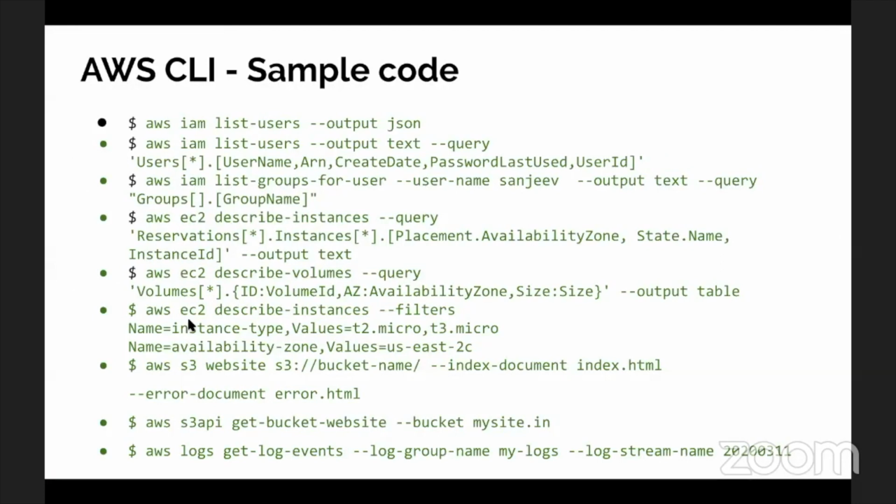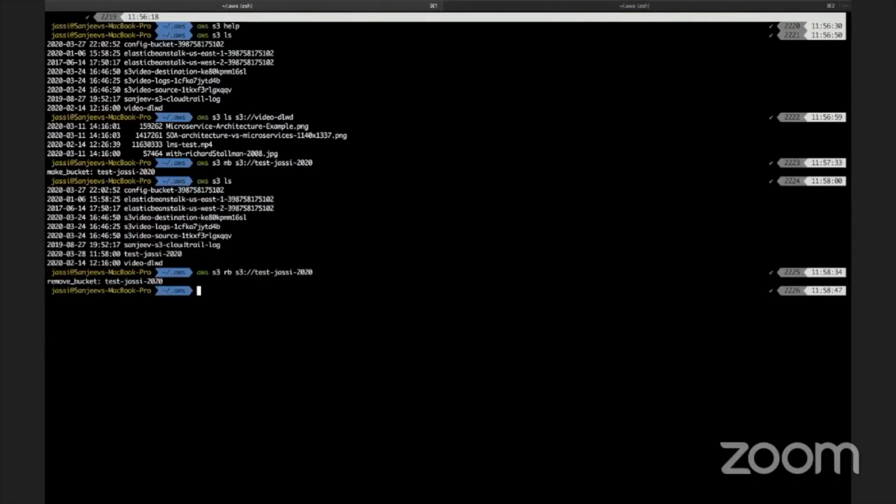So there are many commands you can run, and if you have not given any default output there, by default it will be text. Otherwise, you can write --output json, or if you want some kind of table format, you can write that table format as well. For example, I will give one of the code with the command aws ec2 describe-instances.